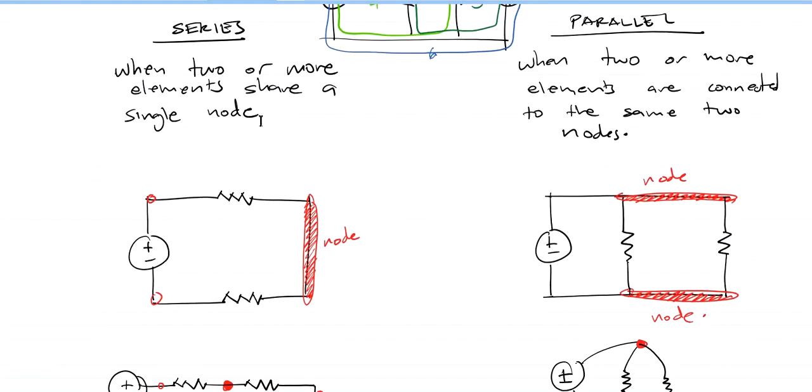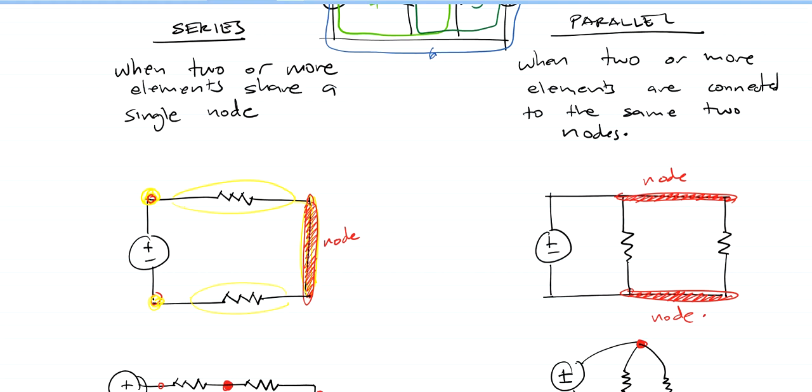Okay, the study of these terminologies gives birth to the terms series and parallel connections. When we say series, 2 or more elements share a single node. So let's say here's our circuit, and we have these nodes right here. In terms of this element right here, they share the same node, but this end is not shared to that end.